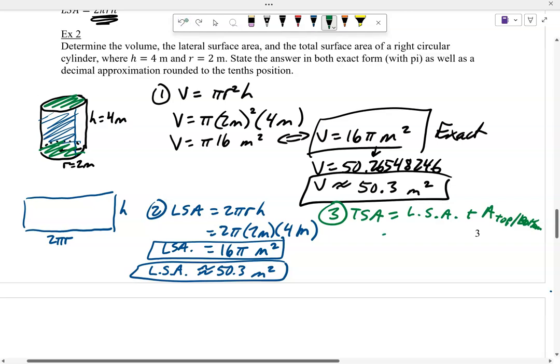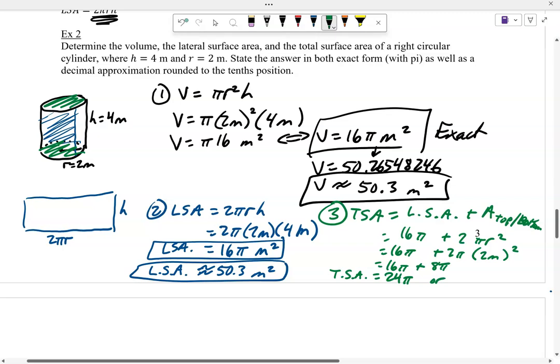So our lateral surface, which is 2 pi r h or 16 pi, plus two of these circles. Well, the area of a circle is pi r squared. So we got 16 pi plus 2 pi. My radius here is 2, so I got 16 pi plus 2 squared is 4, 4 times 2 is 8, 8 pi. So my total surface area is 16 plus 8, 24 pi.